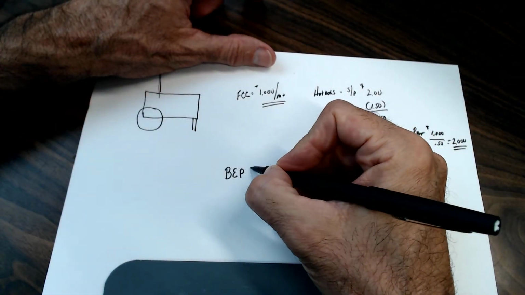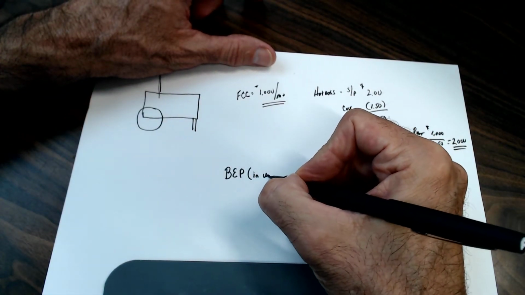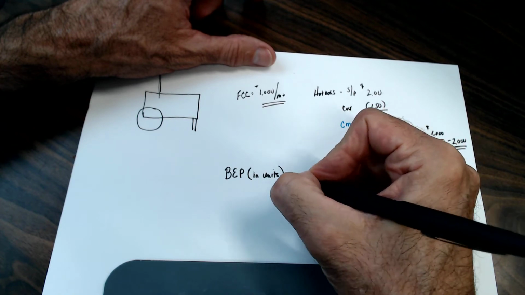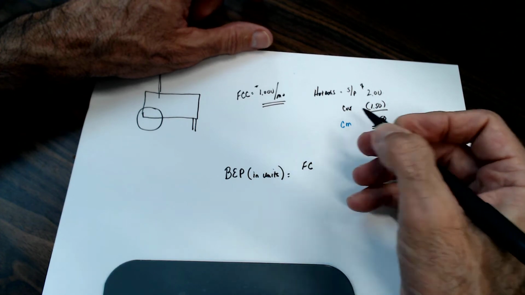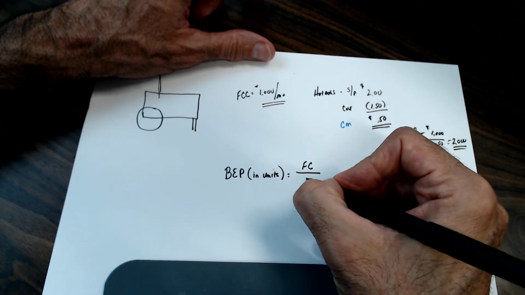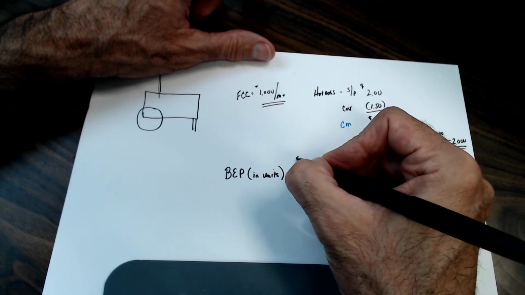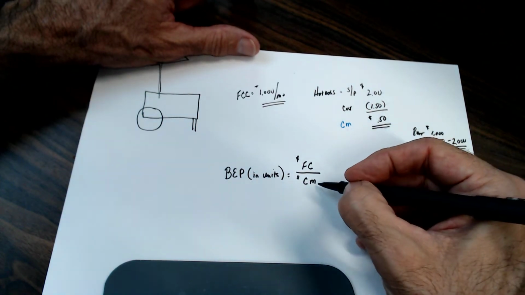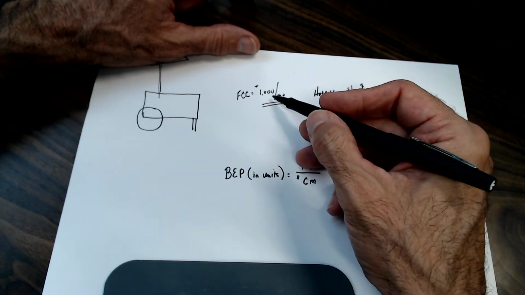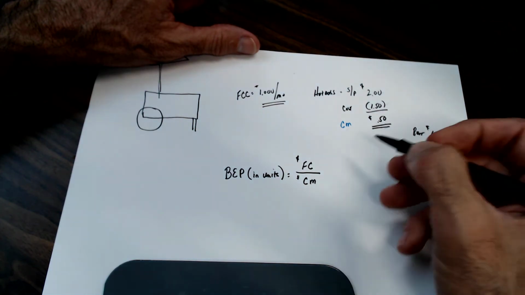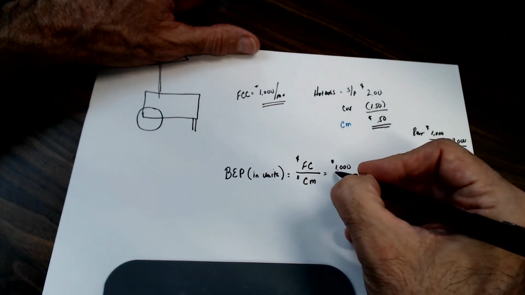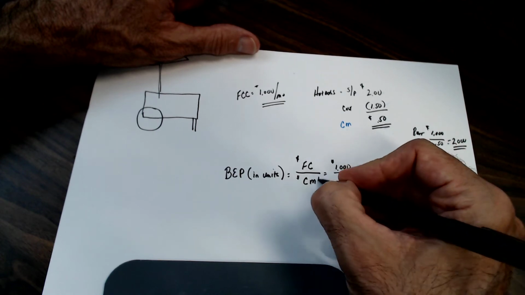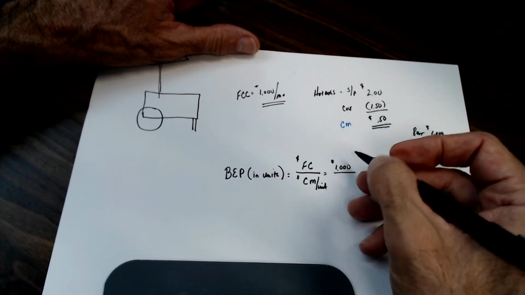So the break-even point in units is simply your fixed cost divided by your contribution margin. And that's exactly what we did. We took our fixed cost, $1,000, and divided it by the contribution margin per unit.